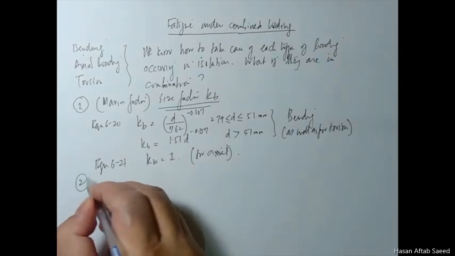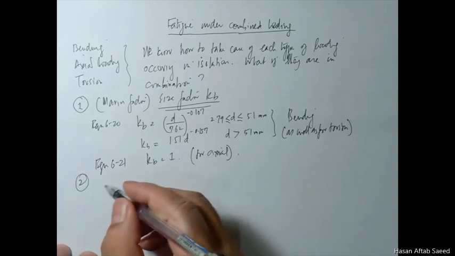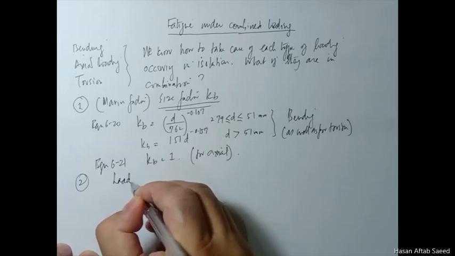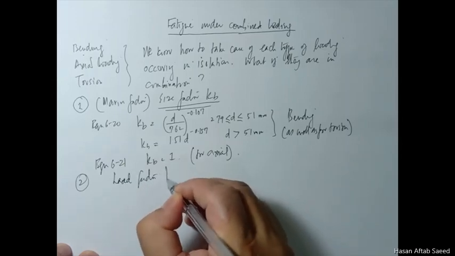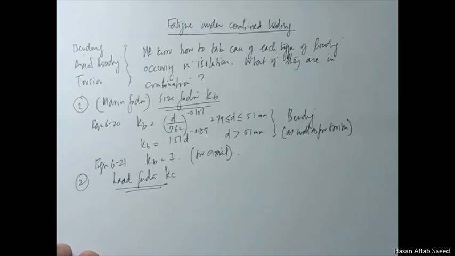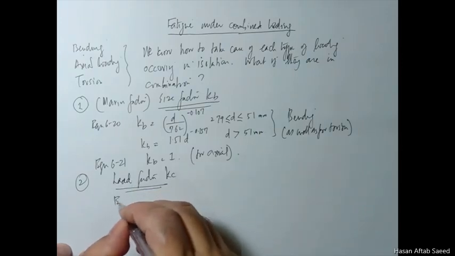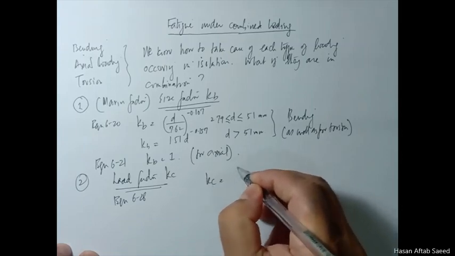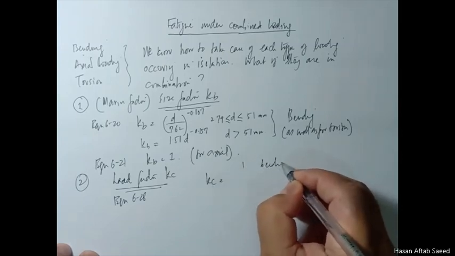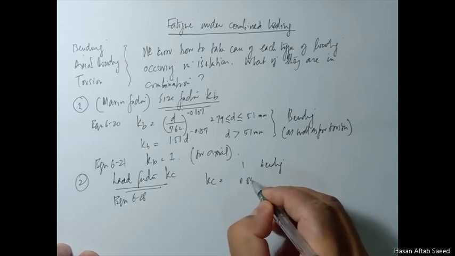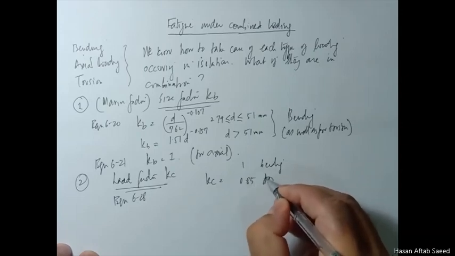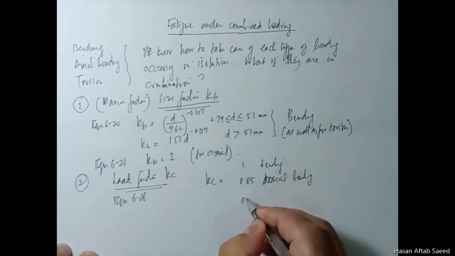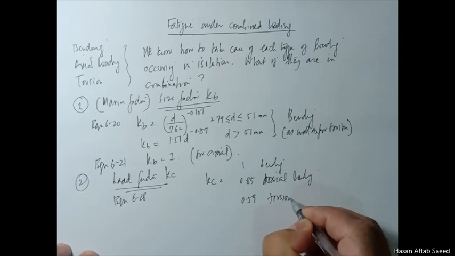Problem number 2 concerns the next marine factor, that is the load factor, Kc this time. Now Kc again, if you refer to equation 626, the value of Kc recommended is 1 for bending, 0.85 for axial loading, and 0.59 for torsion.